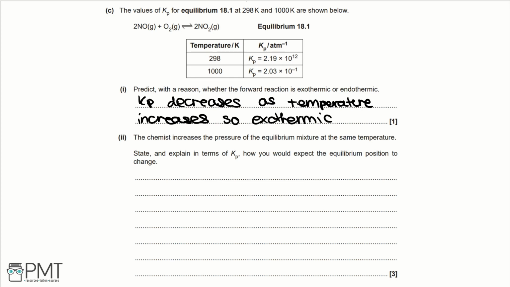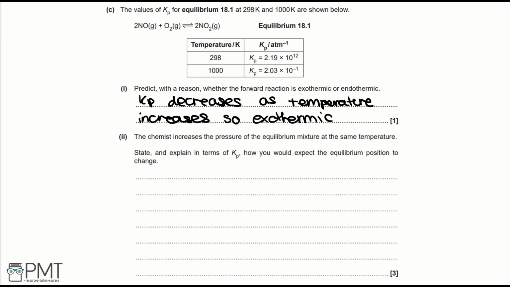Part 2. The chemist increases the pressure of the equilibrium mixture at the same temperature. State and explain in terms of Kp how you would expect the equilibrium position to change. Firstly, we need to talk about the equilibrium position and how this is going to shift due to an increase in pressure.